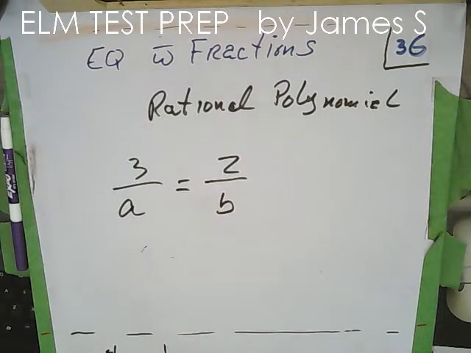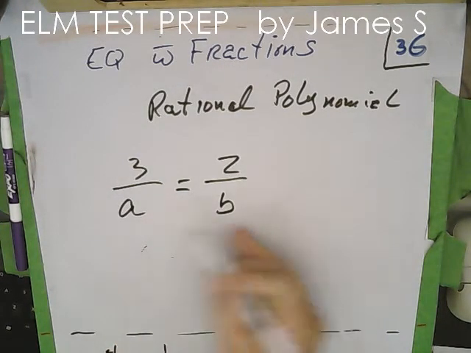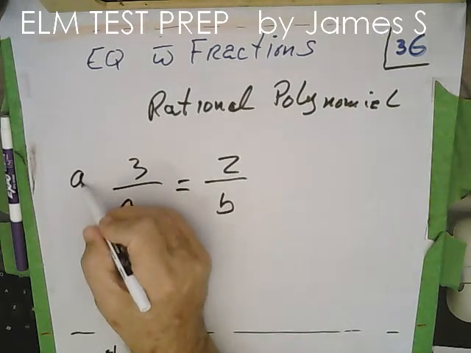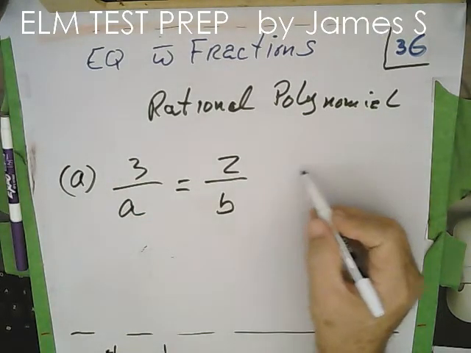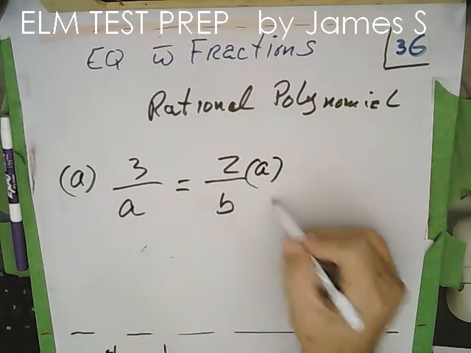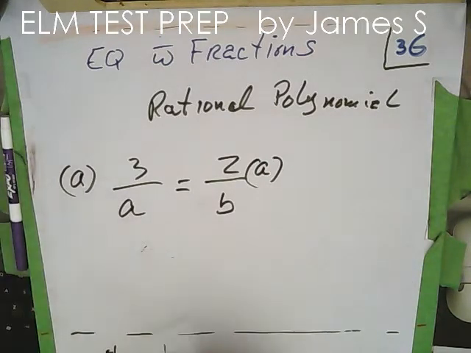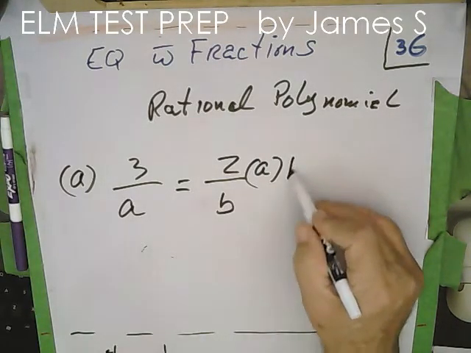Let's look at what we can do here. I want to get rid of the fraction, so I'm going to multiply both sides by a and I'm going to multiply both sides by b.